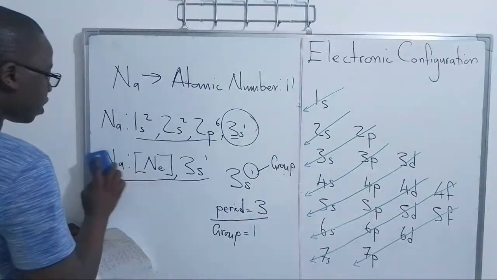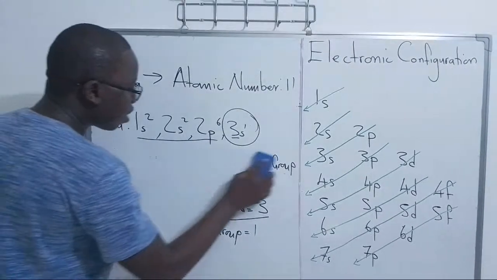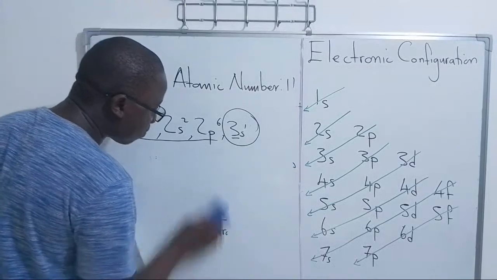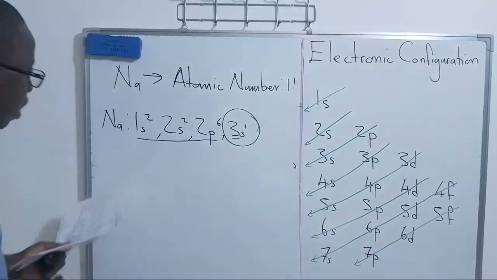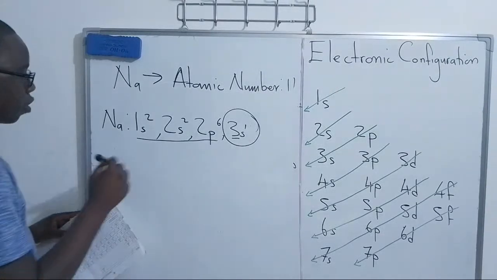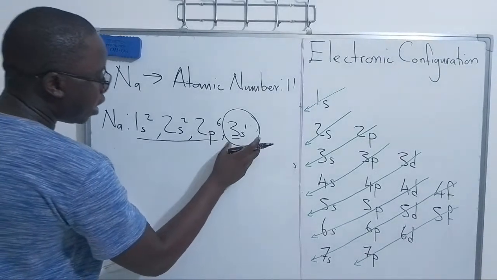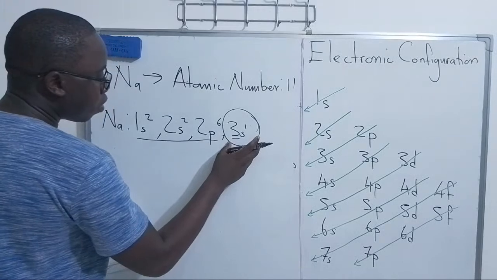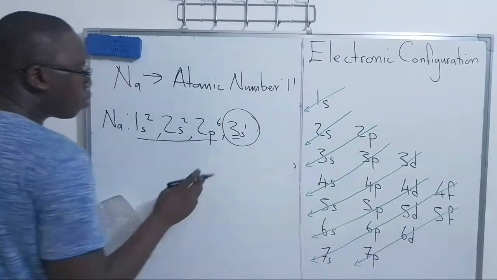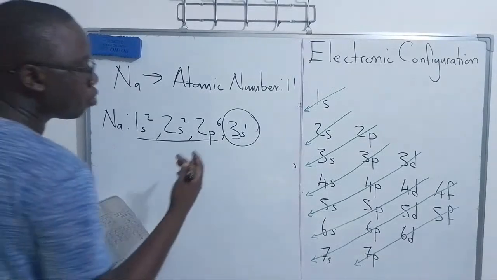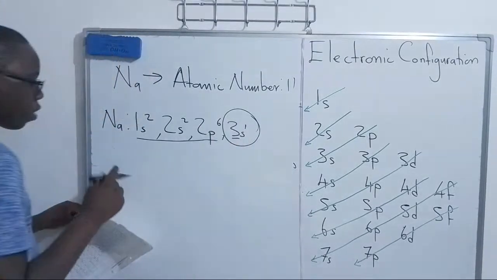Now, what if you are asked to write the electronic configuration of sodium ion? What are you going to do? For sodium ion, the last level tells you the number of electrons this element can lose. In this case, it can lose 1 electron.